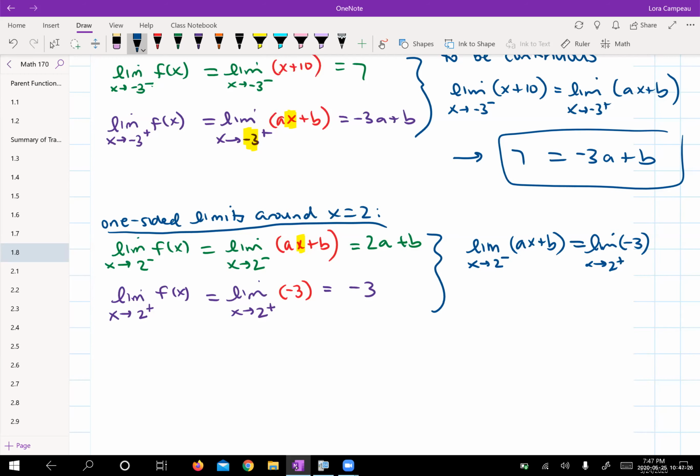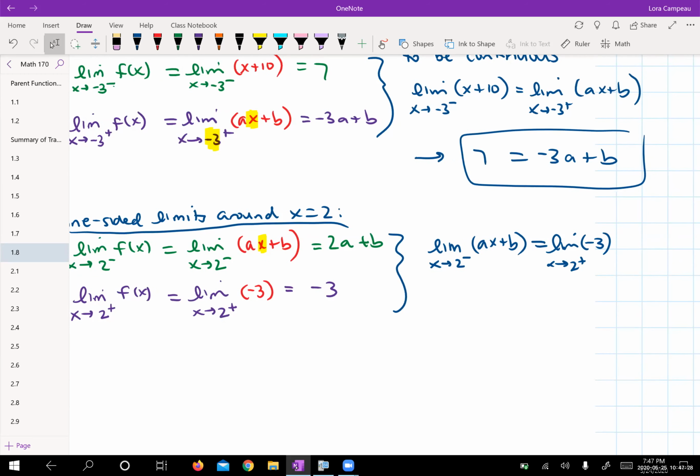And we already calculated those, just so that you guys can see. We had the 2a plus b, 2a plus b, there we go. And negative 3. So my friends, does this look familiar from our past algebra classes?